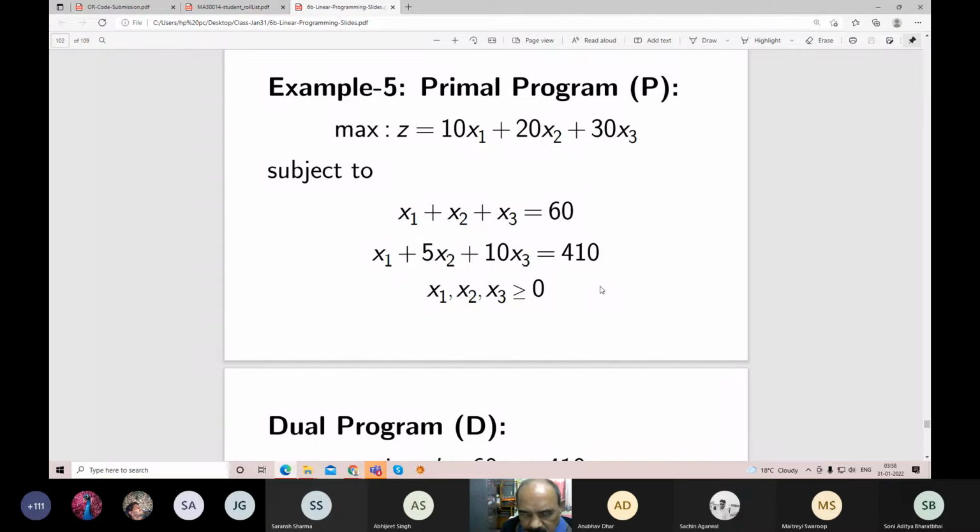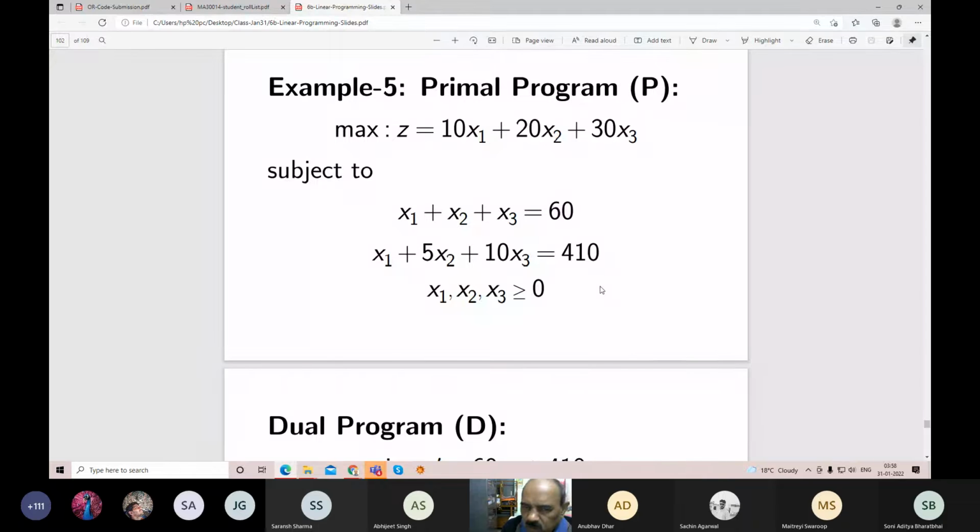Hello? Yes, sir. Two-phase simplex method, yes or no? Two-phase simplex method also, right? Because in the big M method and the two-phase simplex method, we have to introduce artificial variables, and those artificial variables we have to remove by some means.